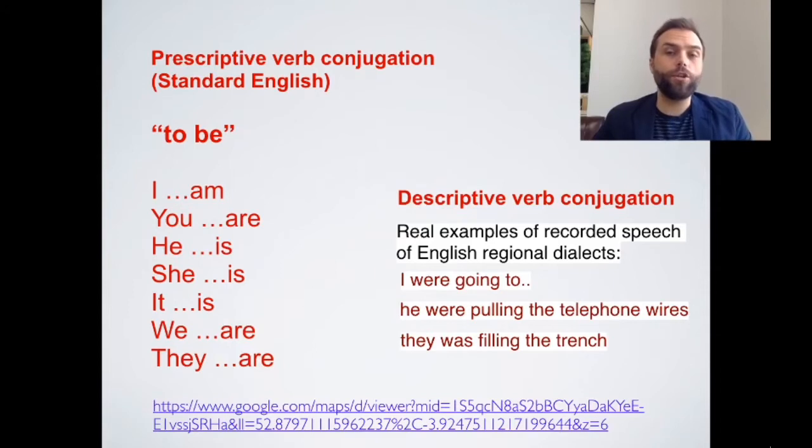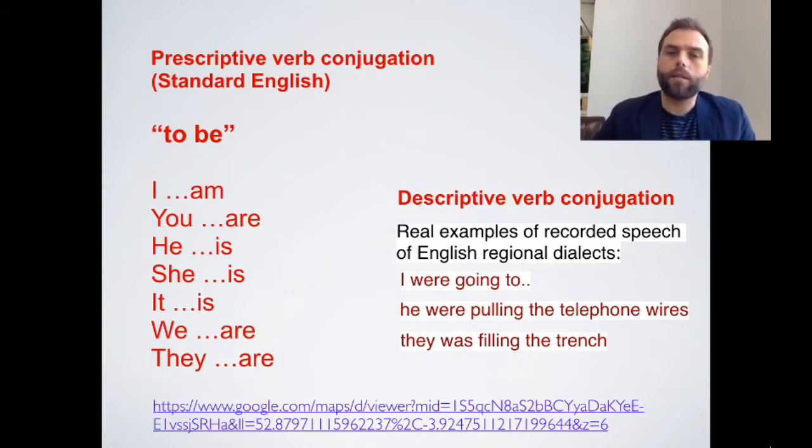But I want to share with you that actually a lot of native English speakers conjugate "to be" differently. So have a look on the right, the descriptive verb conjugation. Here are some real examples of recorded speech of English regional dialects. So these were really recorded native English speakers from various areas in Britain.